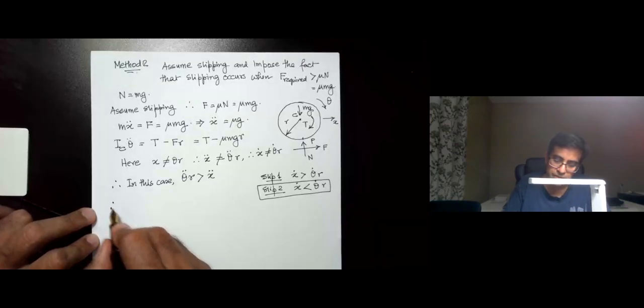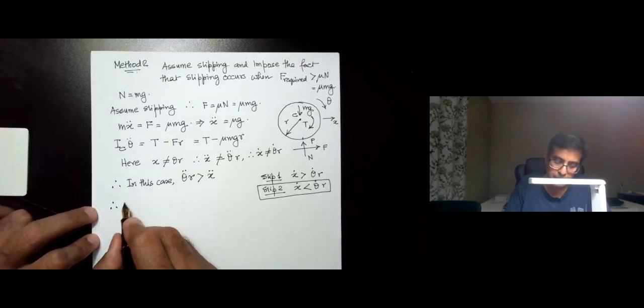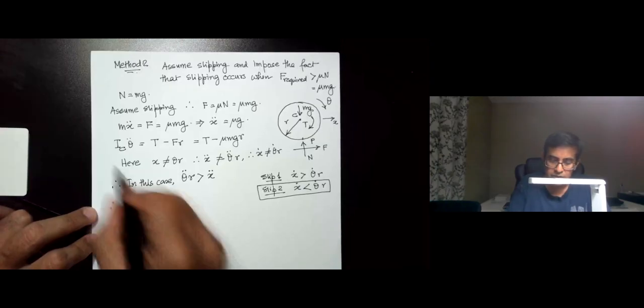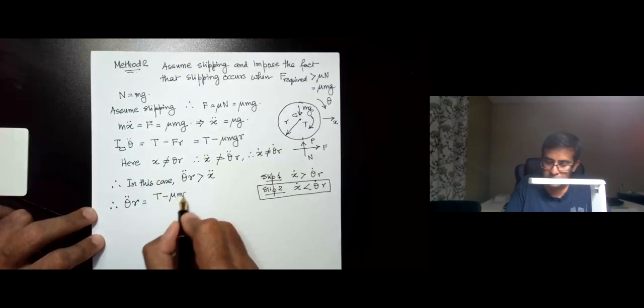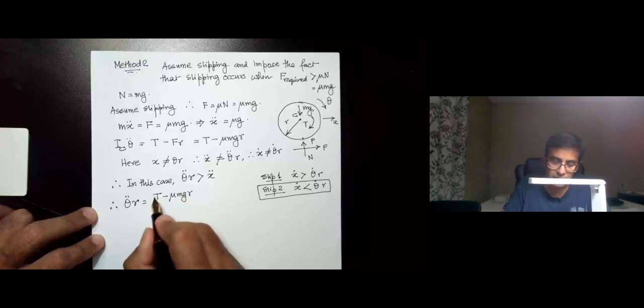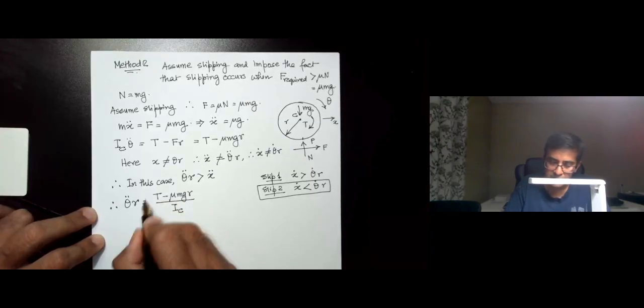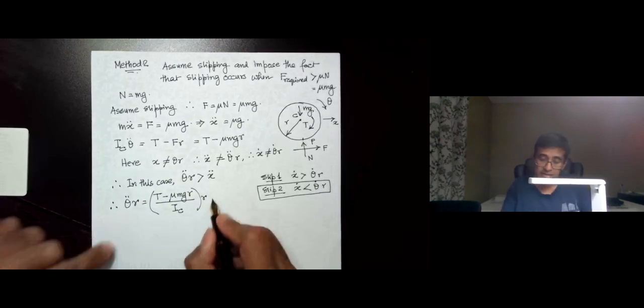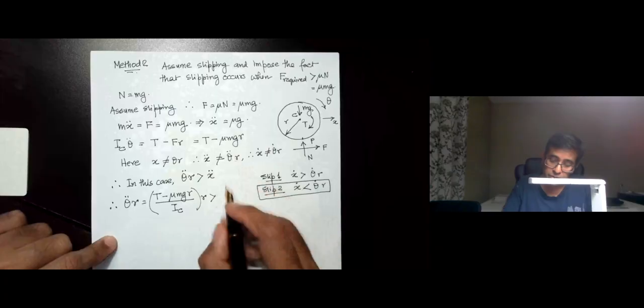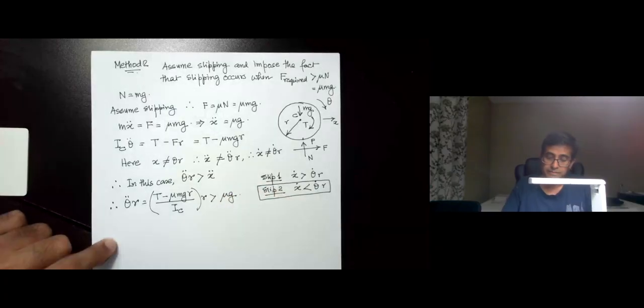So in other words, theta double dot r, which is from this equation, T minus mu mgr divided by I_c times r, is greater than x double dot, which is mu g.